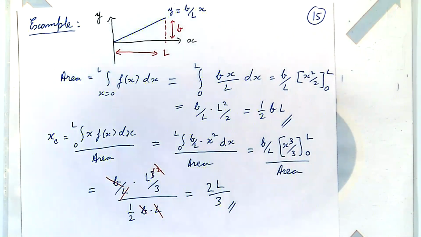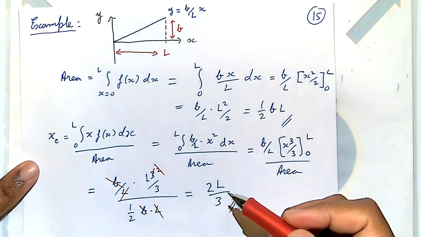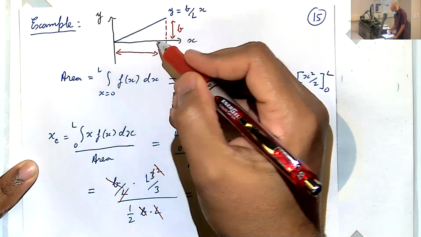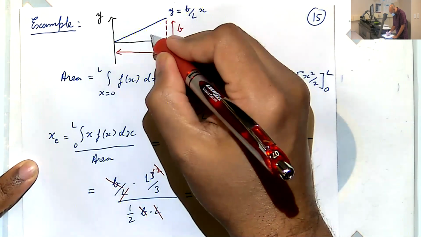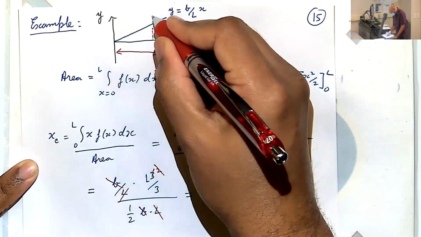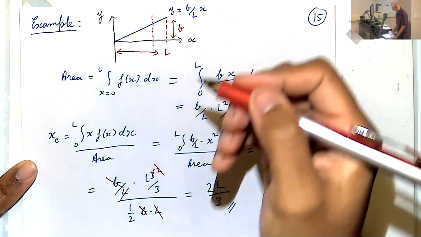That the x component of the centroid is a third away from the end. From this axis, our x centroid location is 2/3 of the way, so somewhere over here. Okay, somewhere on this line lies our centroid.